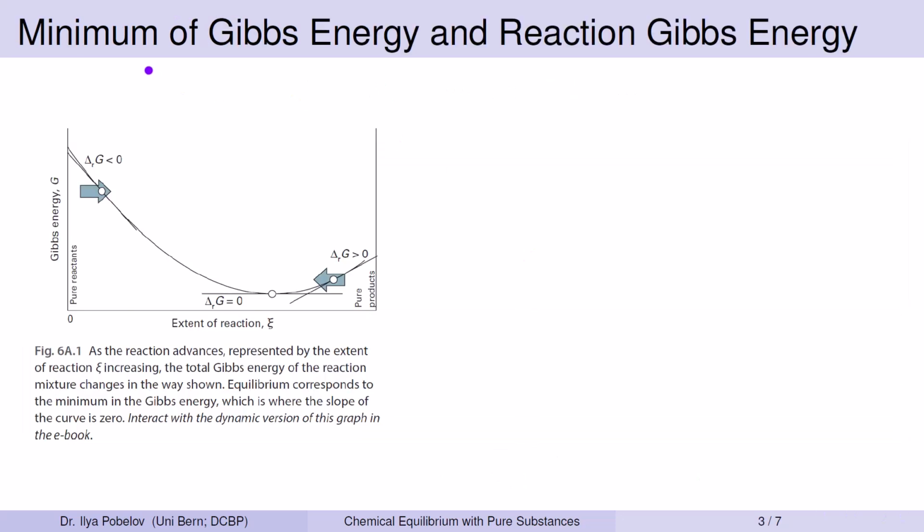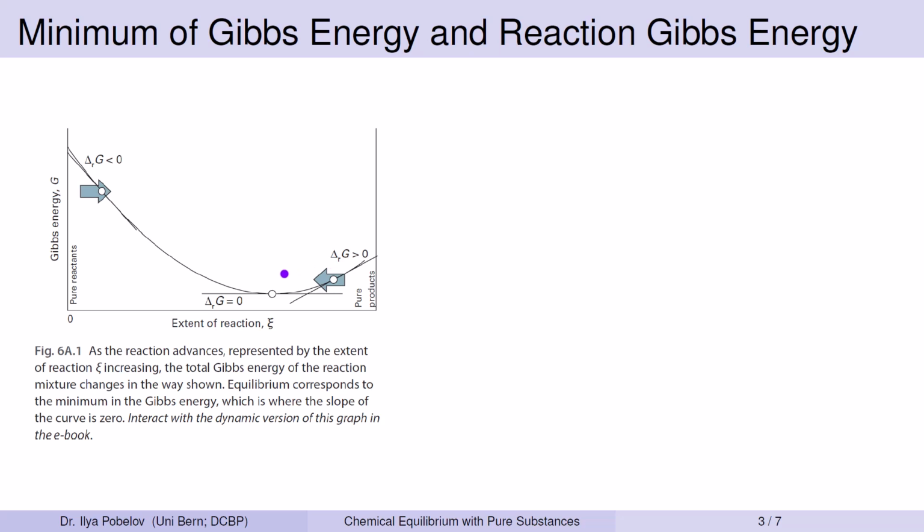For any process at constant temperature and pressure, the direction of spontaneous change is the one towards lower values of the Gibbs energy G. In this module, we will apply this principle to the spontaneity of chemical reactions. Under conditions of constant temperature and pressure, reactions spontaneously proceed in a direction that reduces the system's Gibbs energy.